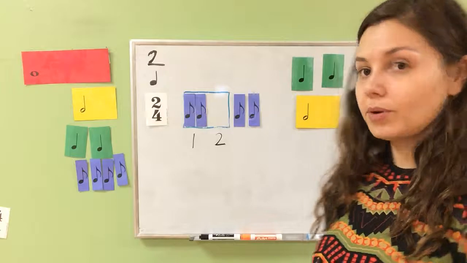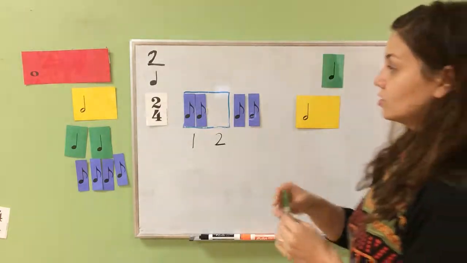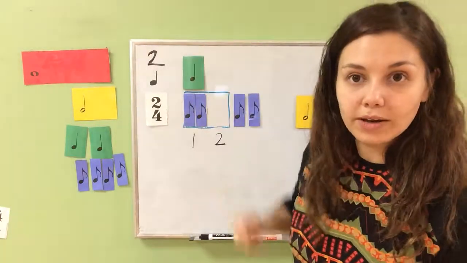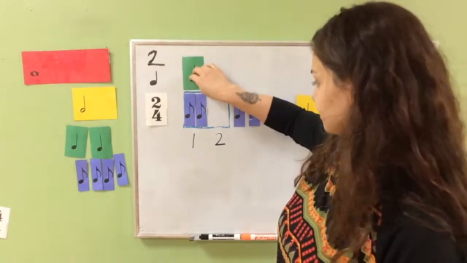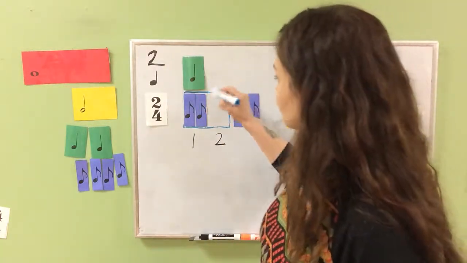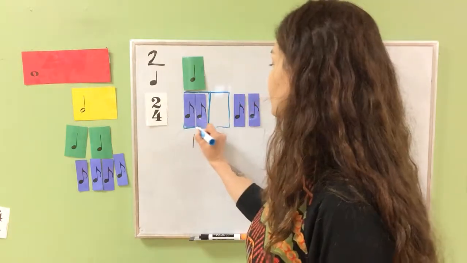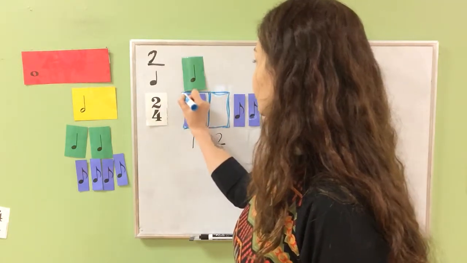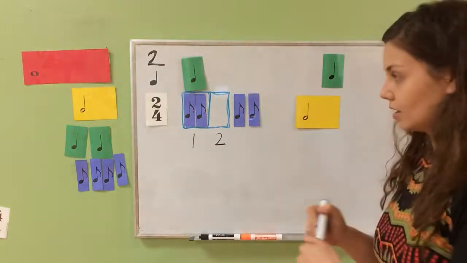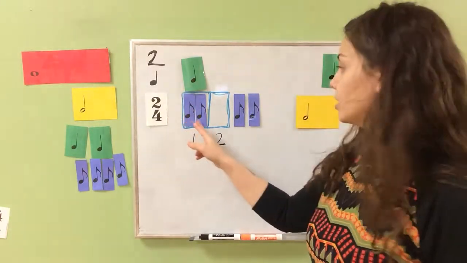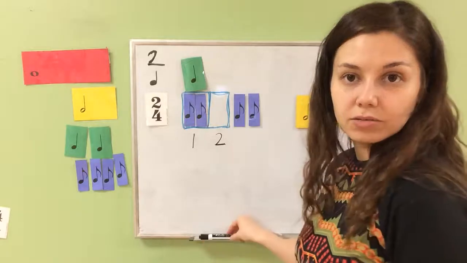So again, one thing I want to point out is that 2 eighth notes is equal to 1 quarter note, right? So these 2 eighth notes are in that first beat of the measure. So since we have a sound here and we have a sound here, we have to add something else to count it.